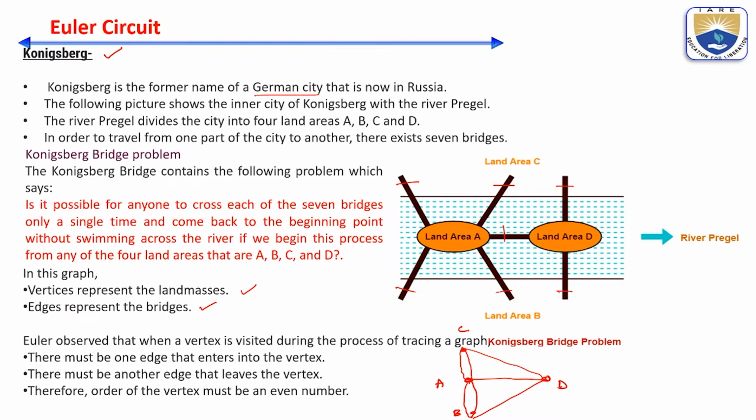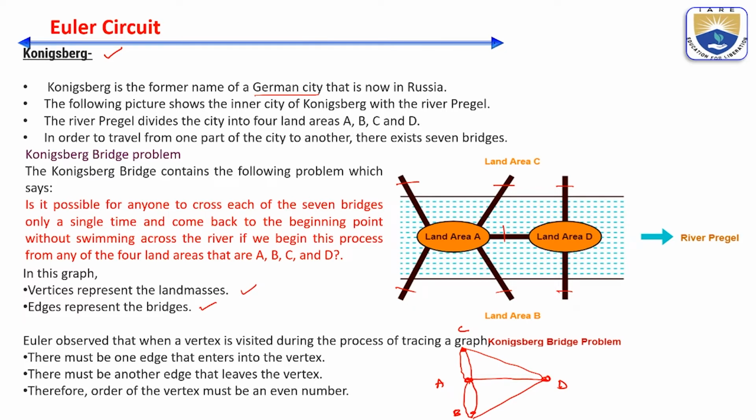Now starting from any one vertex, you cross all the edges only once and reach the same vertex. That means the question is whether an Euler's circuit is possible or not. Any closed circuit means the beginning vertex is equal to the ending vertex.